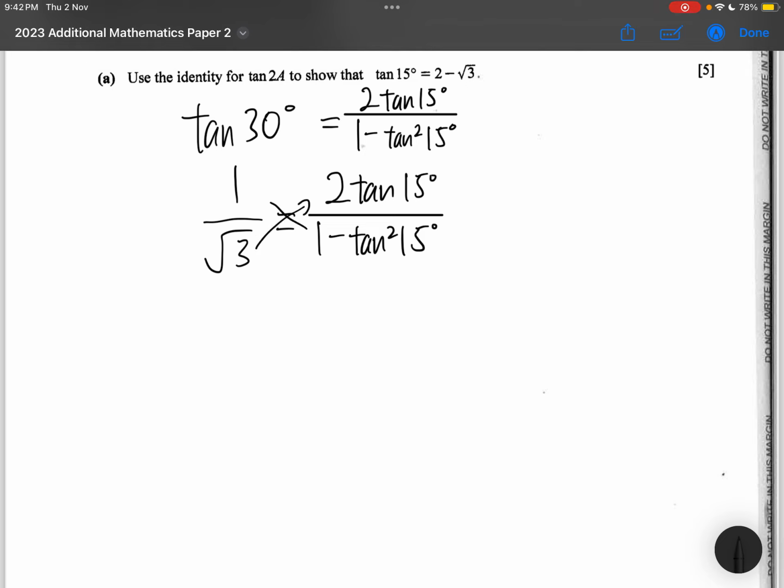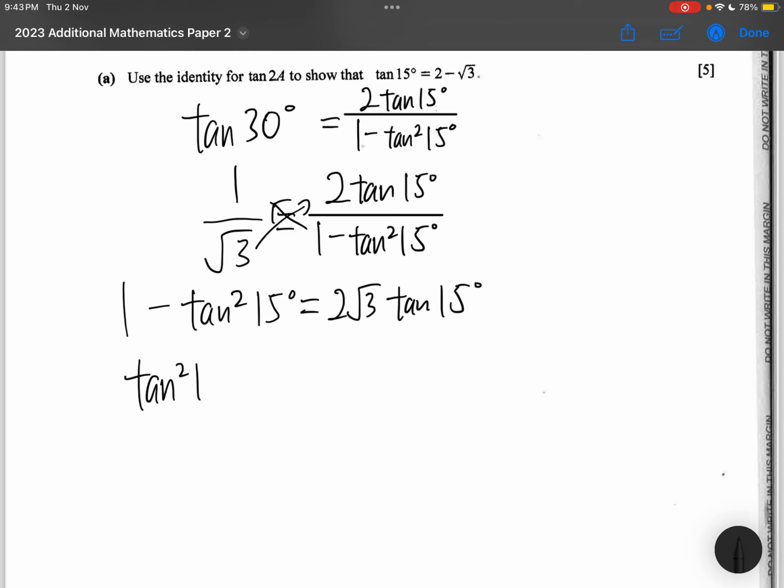So on the left hand side, I have 1 minus tangent squared 15 degrees, and it is equivalent to 2 square root 3 tangent 15 degrees. And what I want to do here is construct a quadratic equation in terms of tangent 15. So my quadratic equation will look like this.